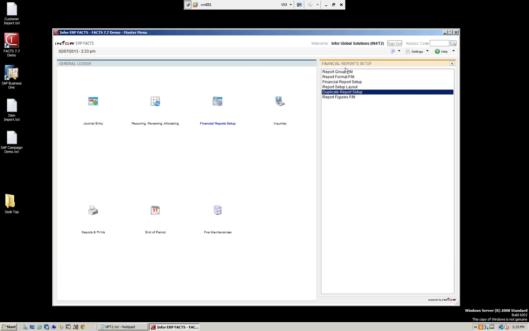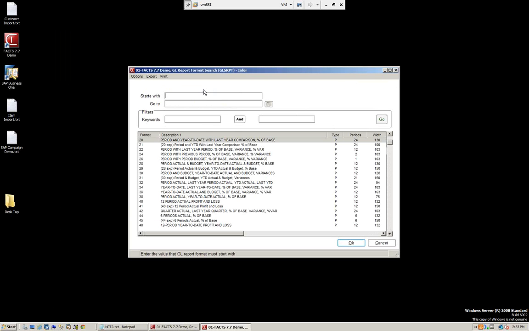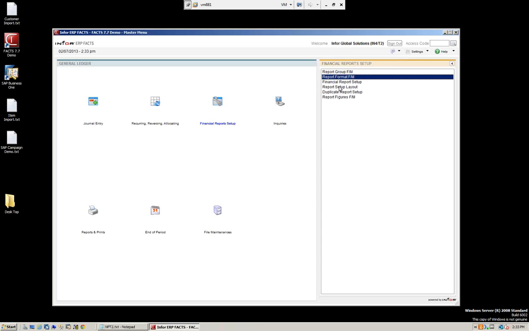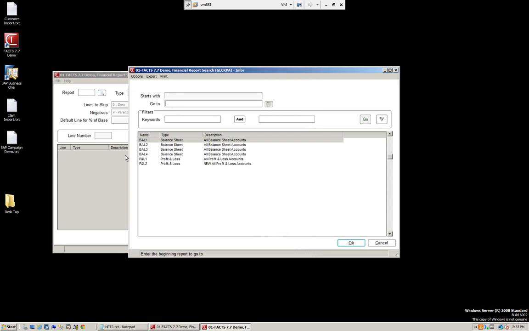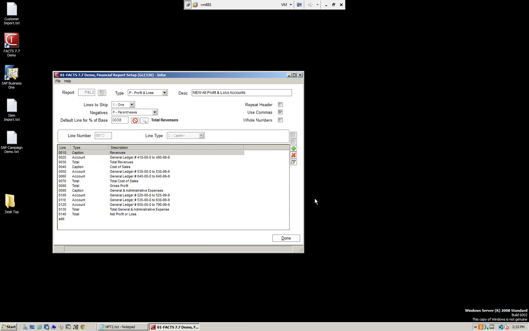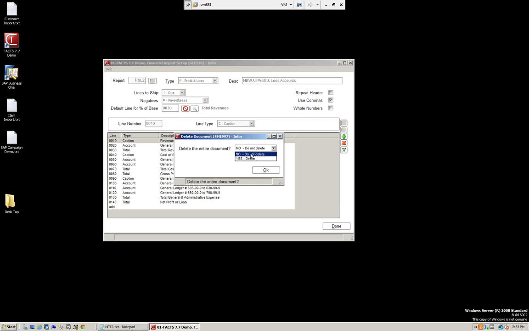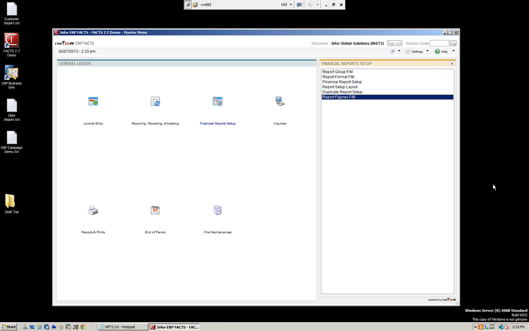Copy's complete. So now if we go back here and look, we go to financial report setup and look, you can see it's here. And again, I can delete the lines, or I can just delete this whole one if I want. I want to delete number 2. It's out of the system.